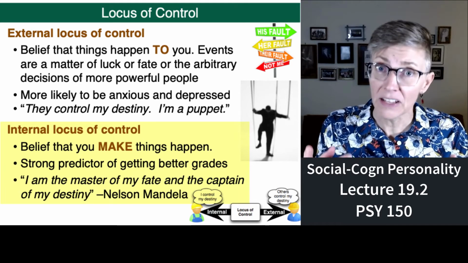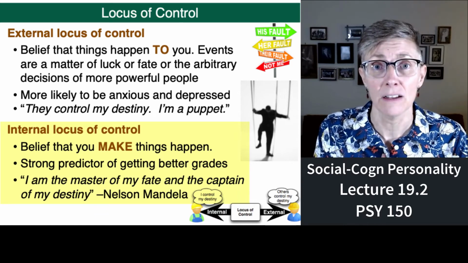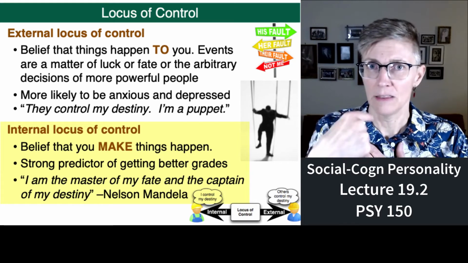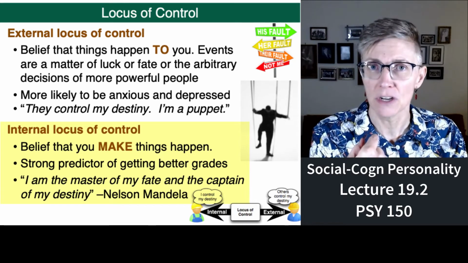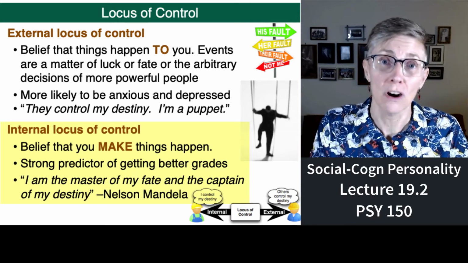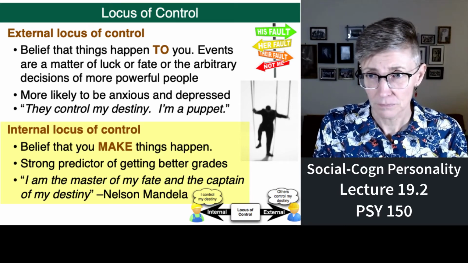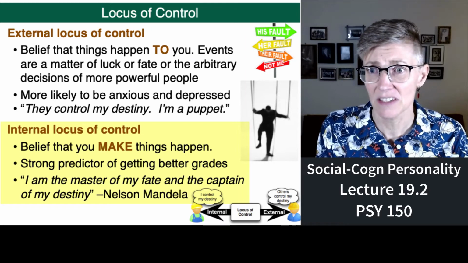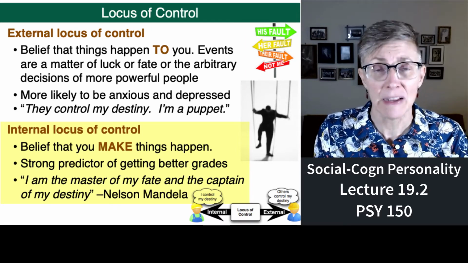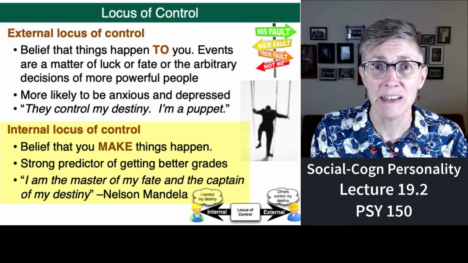Not, I failed that exam because I didn't study hard enough. See that difference? And if you say the responsibility and the power starts and stops here, then you're going to work harder if you fail. Nelson Mandela famously said, "I am the master of my fate and the captain of my destiny." And this is a man who spent decades in a horrible prison.